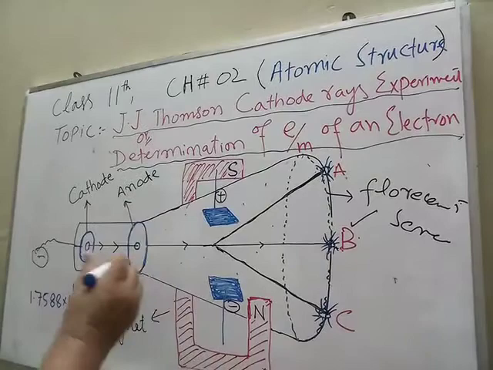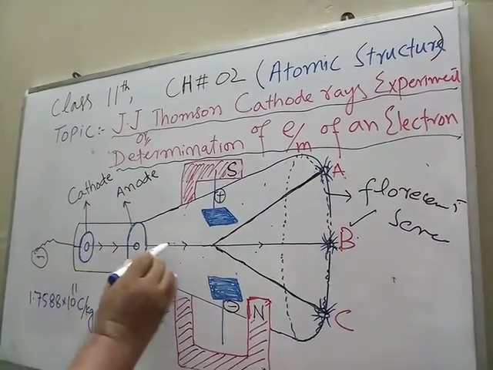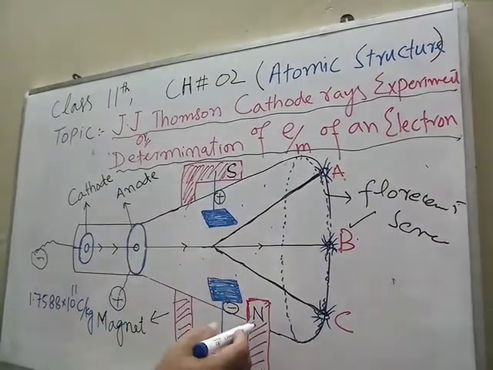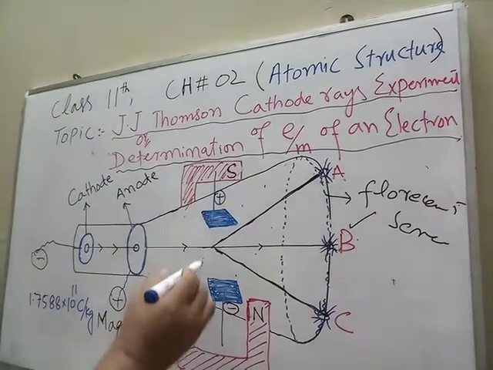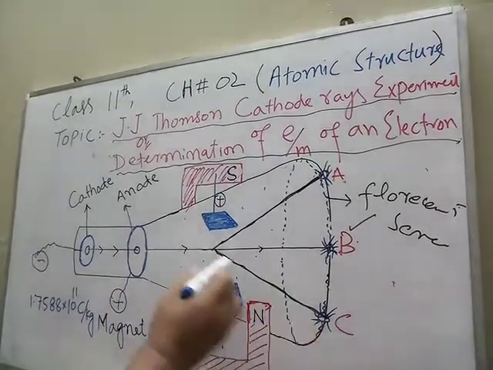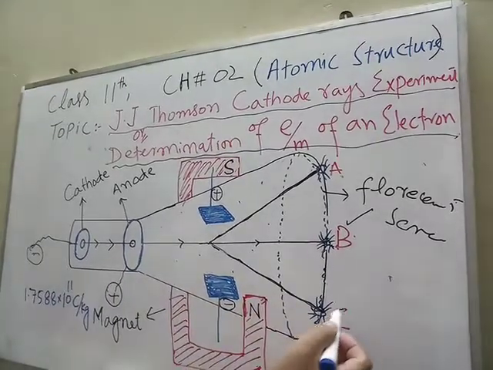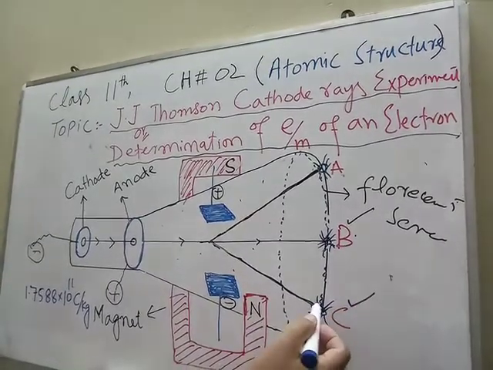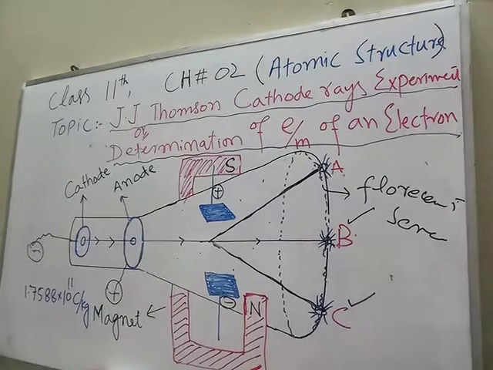So look at this. For example, these are the cathode rays going straight. When we applied the magnetic field, the cathode rays bent in this direction and struck the point C and produced fluorescence there.